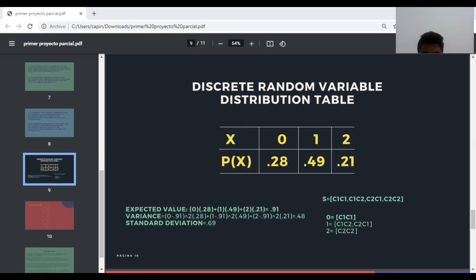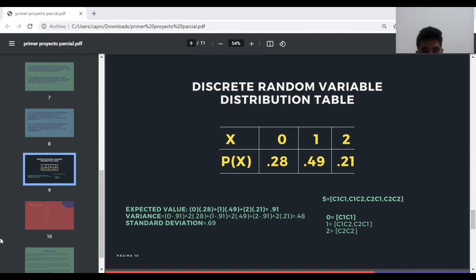The variance, we subtract the expected value from the values of x, and then square them, and then sum them all again, and the result is 0.48. The sample space is C1, C1, then you can get C1, C2, or C2, C1, or C2, C2.